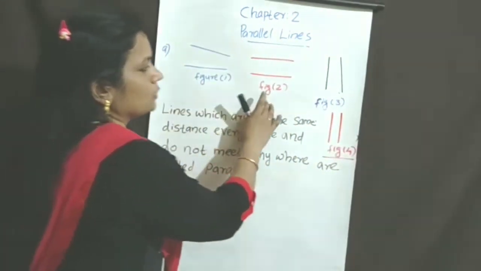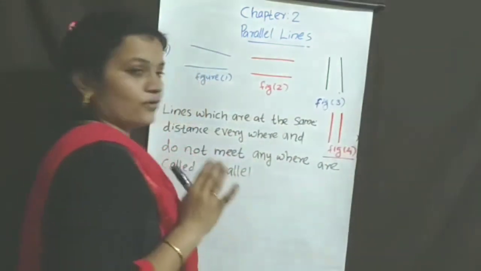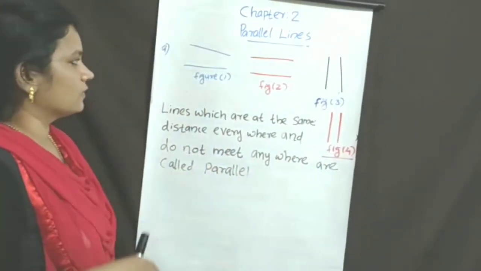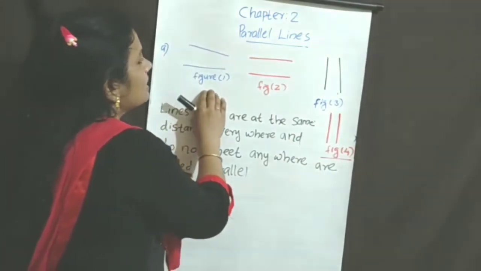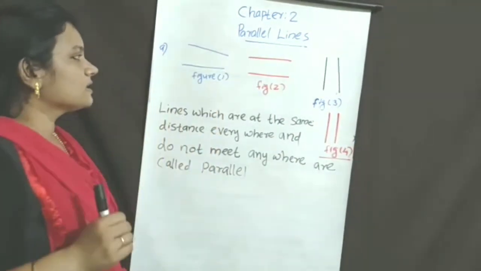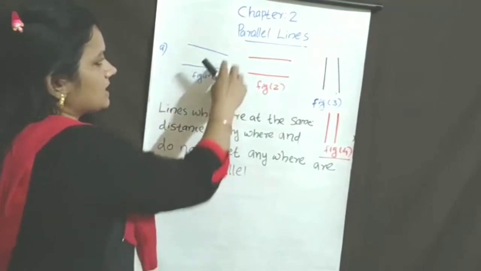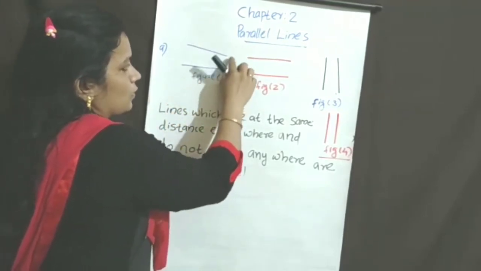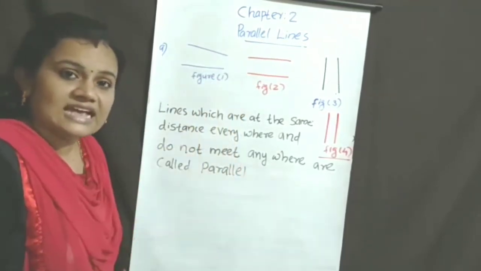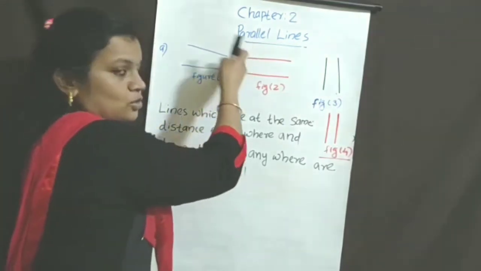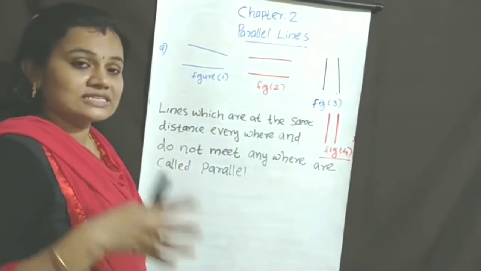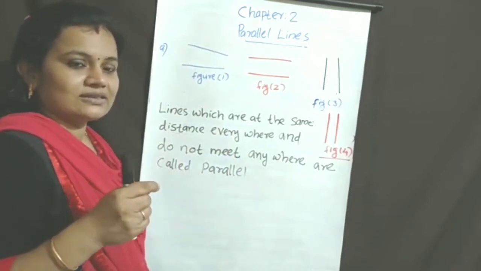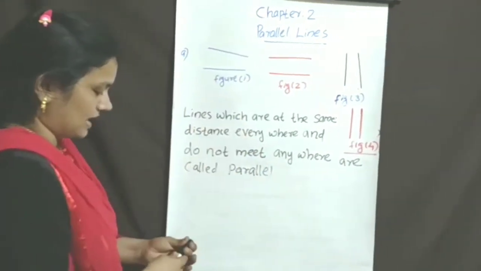Figure 1, figure 2, figure 3, figure 4. First of all, figure 1. This is the ending point of the line, these are two ending points. If we extend these two lines, what happened? You just imagine we are extending these two lines.